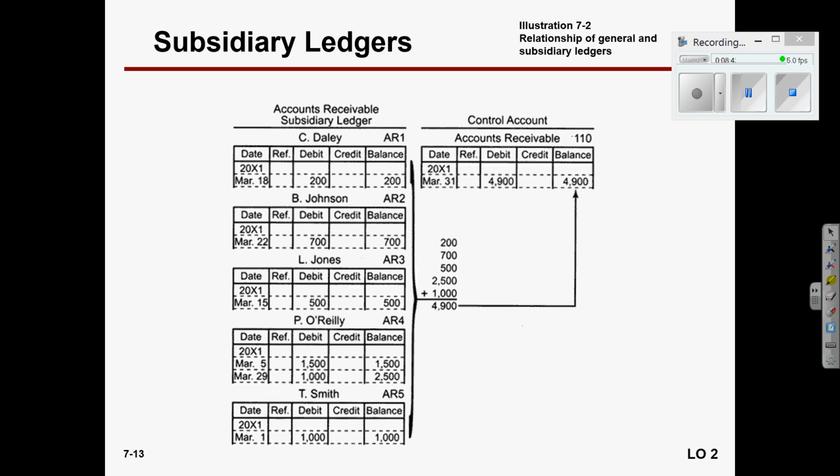You want them to be equal because that means they've paid their bill. As an AR is debited, that means they owe us more money, and as they're credited, that means they're paying their bill. So in the perfect world, they'd be equal because we want them to be paid off to zero.